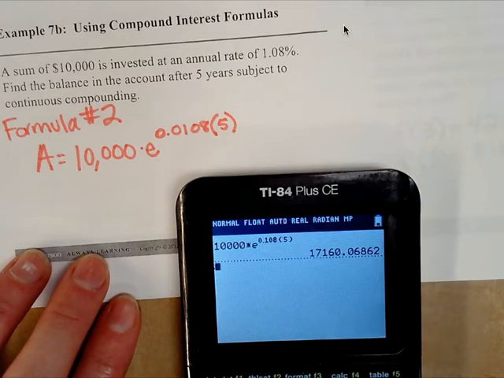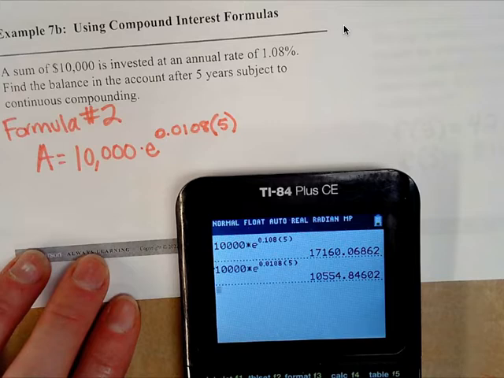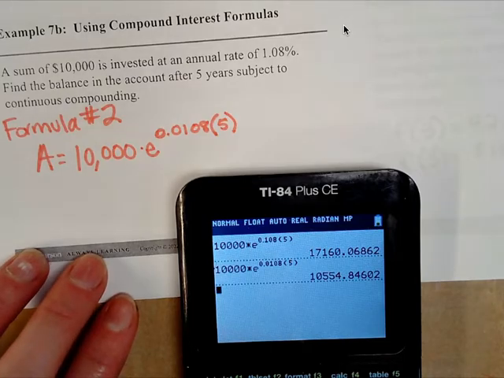Oh, I missed a 0. Let me change it. You have to actually put the times. You can't just put the e. The decimals are different. There we go.